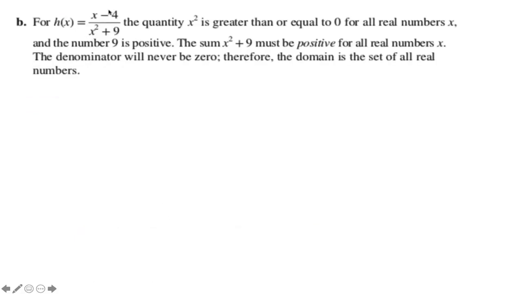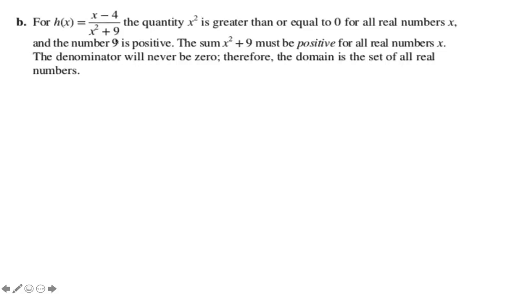What's the domain of this? Again, you have a fraction. That means the bottom cannot be 0. But notice that x squared is non-negative, meaning x squared is 0 or bigger. If something is 0 or bigger, plus 9, the bottom is always strictly bigger than 0. That means this thing is never 0, so this function would never have a 0 denominator.